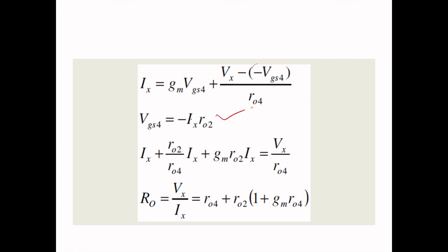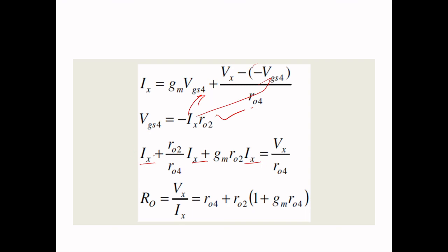Then I am substituting here and here. After substituting and rearranging the equation, you will get Ix plus r02 divided by r04 Ix plus gm r02 Ix equal to Vx by r04. After rearranging the terms, that you can try, very simple. Taking Ix common, you'll get 1 plus r02 divided by r04 plus gm r02.